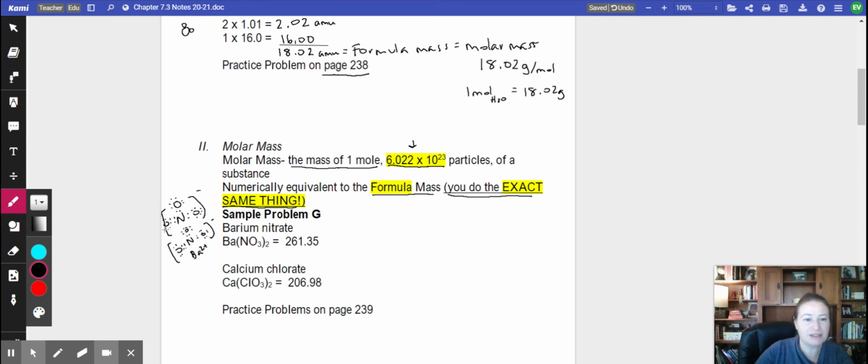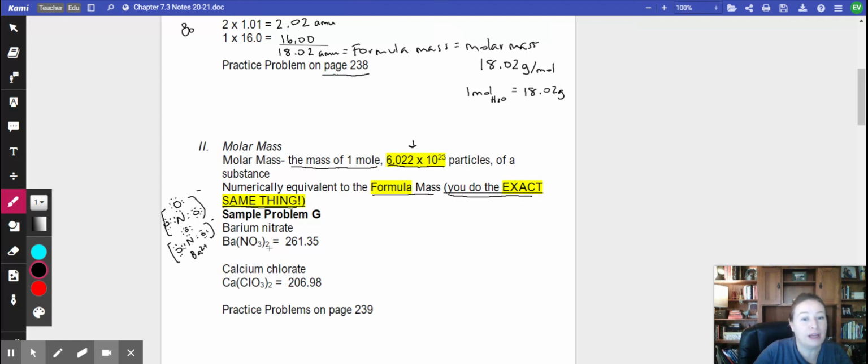So what's the mass of this whole thing, this whole lump of molecules? This isn't really how they're arranged, but I don't want to confuse you too much. So there are 2 nitrogens. This 2 outside, kind of like in math, is distributed. So the 2 applies to the nitrogen. There are 2 of them. And the 2 applies to the 3 oxygen.